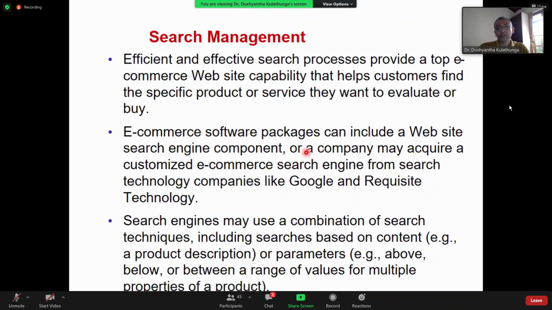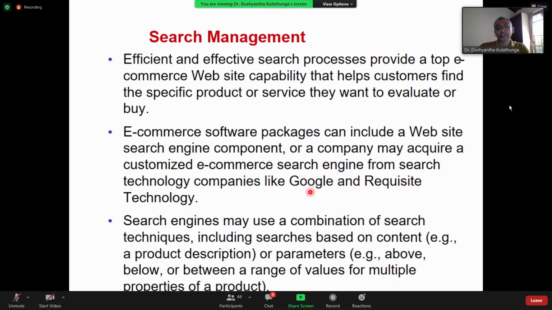Then the second point says a company may acquire a customized e-commerce search engine from search technology companies like Google and Requisite Technology. So there can be other options available for organizations to purchase search engines from specialized companies like Google and Requisite Technology, as highlighted here.